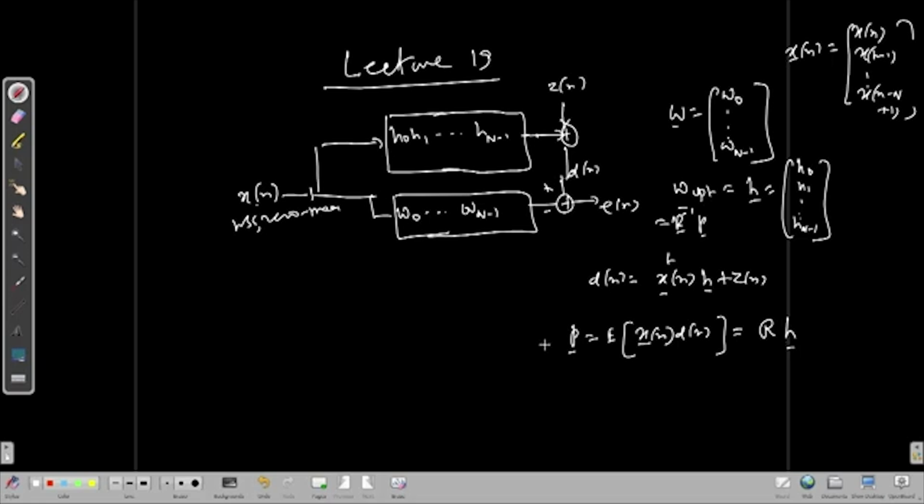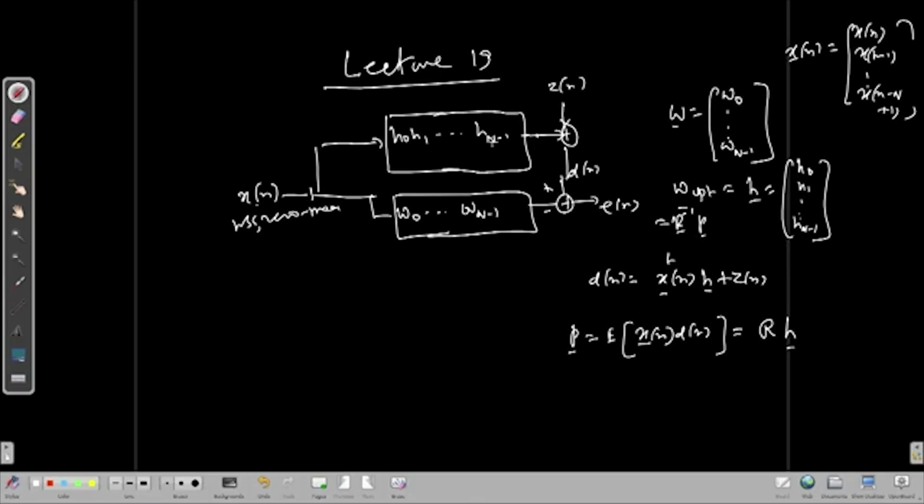For that particular P, I calculate R inverse P, and that gives me the optimal filter, and from that I find H. But if H changes from time to time, then P will not be the same in future. So, the current W opt will not be equal to your H vector in practice.